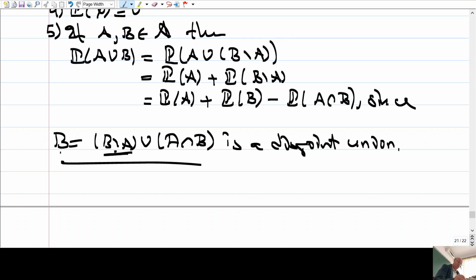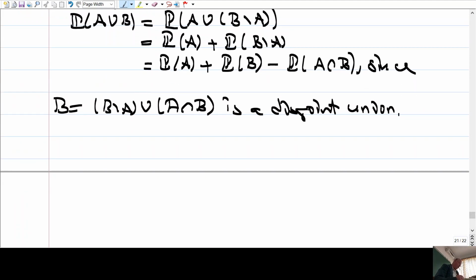Therefore, the measure of B minus A is just the measure of B minus the measure of the intersection. Okay, so that's why we can write this. So measure of the union is the sum of the measures of the subsets A and B minus the measure of the intersection of A and B. Okay? Any questions?